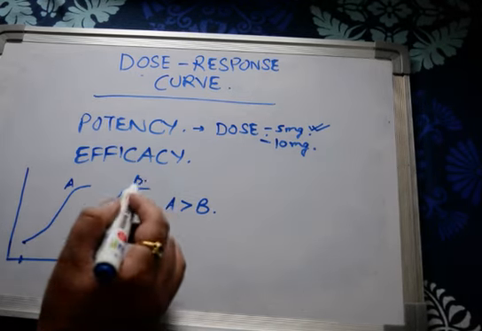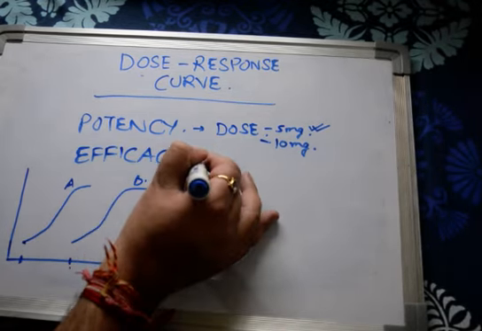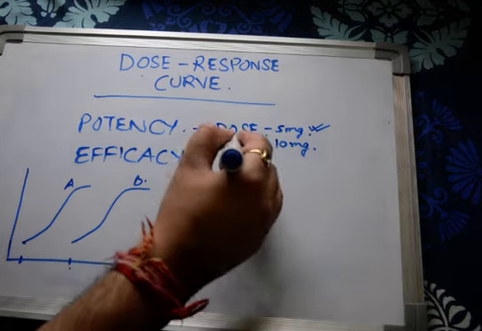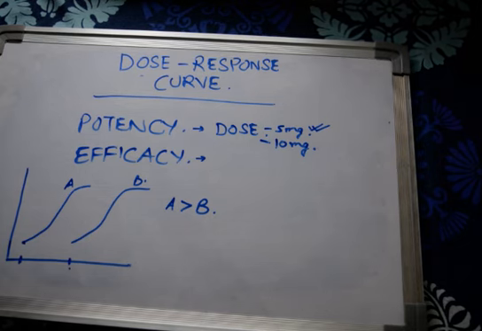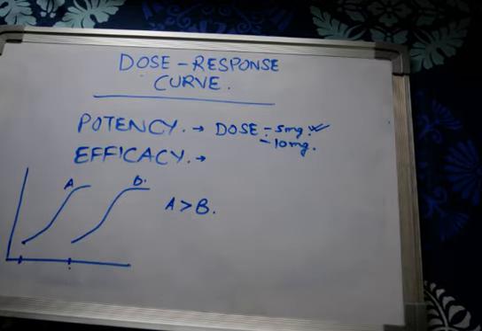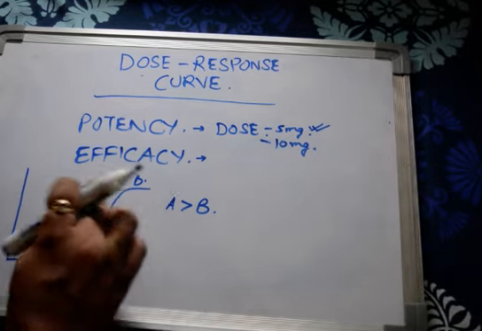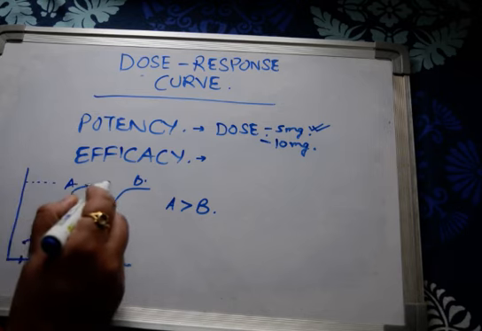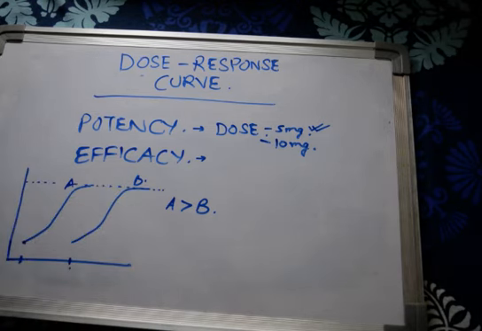Another is the efficacy, and efficacy means the maximal effect which you can see, means it is independent of the dose. You give any dose, and what is the maximum effect. After some point, you cannot go beyond that maximum response. So for example, in these two drugs, the maximal response of drug A and drug B is same.